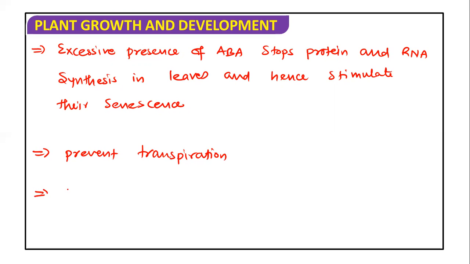Then ABA inhibits germination. Germination takes place in the seed because when gibberellic acid gets synthesized, it carries out reserve food mobilization, and that leads to germination of the seed. But what will ABA do?